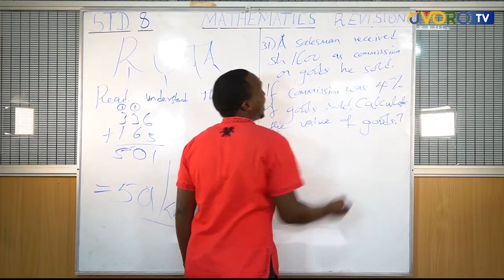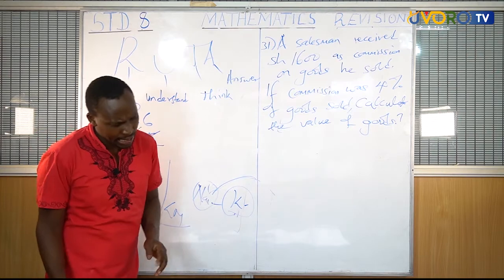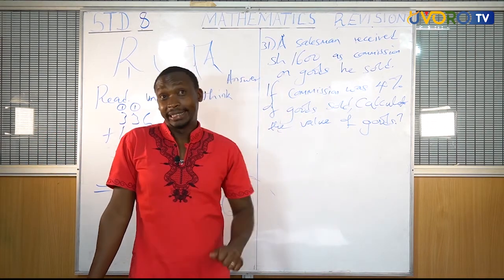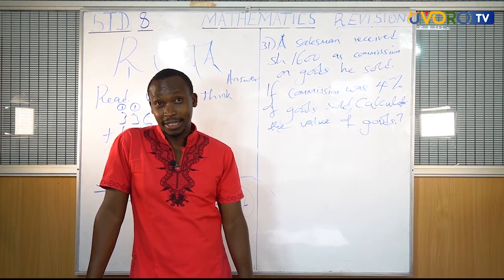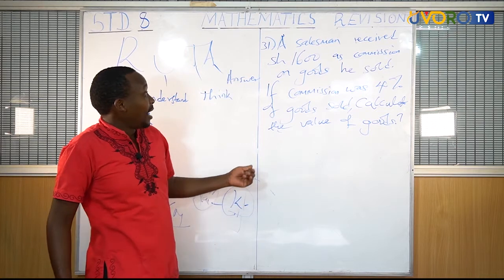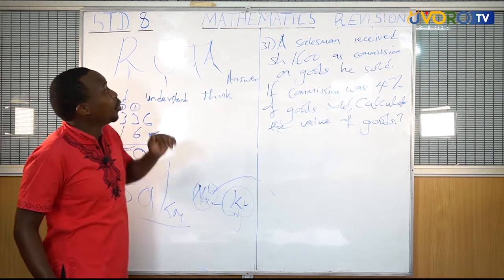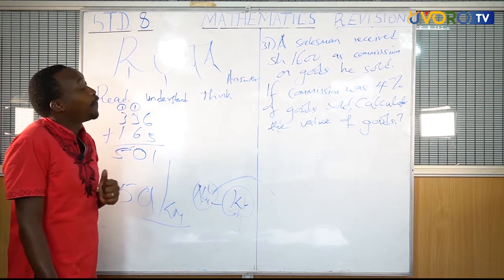Now, class 8. Remember, this is a very simple sum. Some of you, when somebody talks of money, may go bananas. Remember, this is what you are supposed to do: use the formula root R for reading.